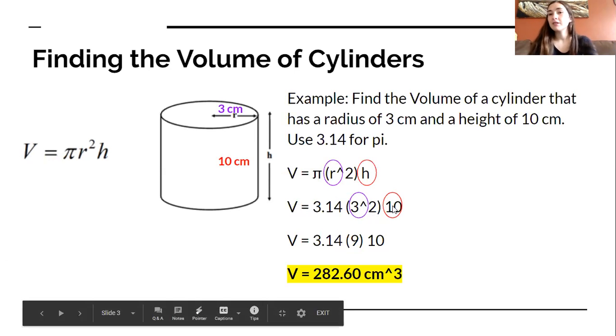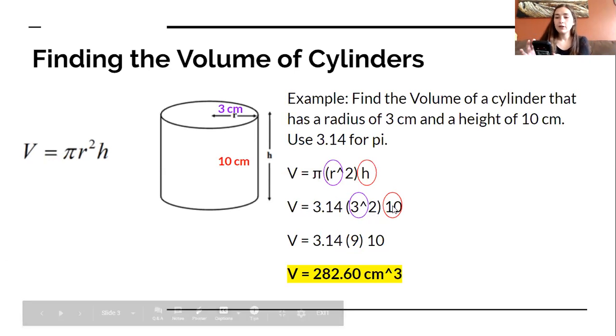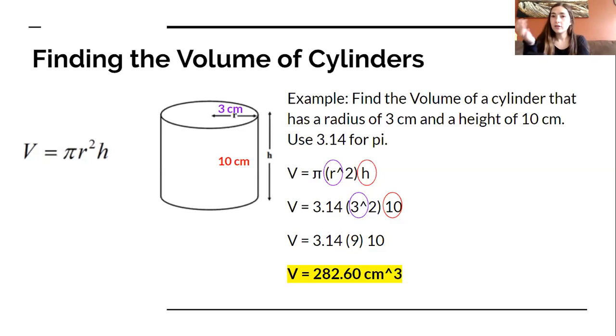Then we're just going to plug everything into our calculator. You can pull out a phone, or open up another thing in your browser. I don't care what kind of calculator you use, but we're going to type in 3.14 times 3 times 3, or you can hit 3 squared with the little square button, times 10.